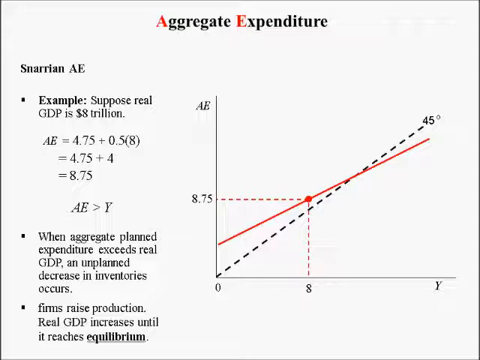When you see your inventories dropping more rapidly, you call your supplier and say, hey, bump my replenishment of flour up by 25 pounds an hour. So you start ordering more flour. Your planned expenditures rise to meet the new output. So the economy is expanding.